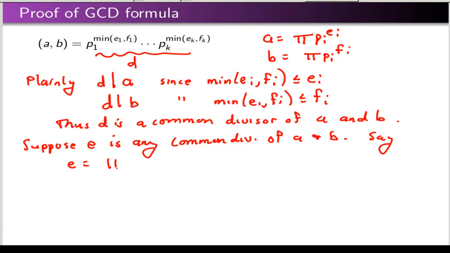So again, I can use exactly the same set of primes, p_i to the g_i, allowing zeros if necessary, for some g_i greater than or equal to 0.